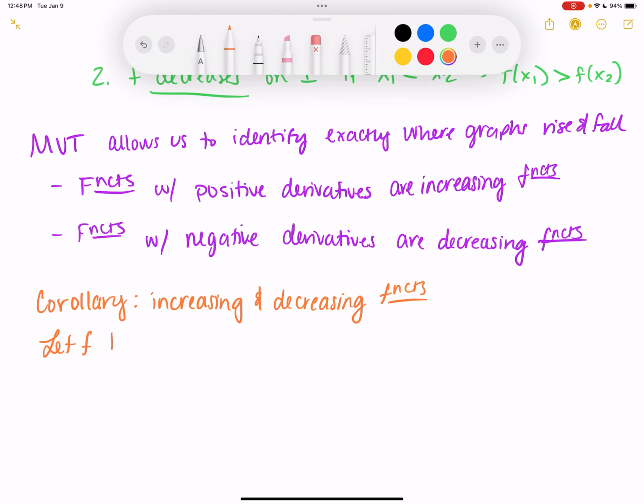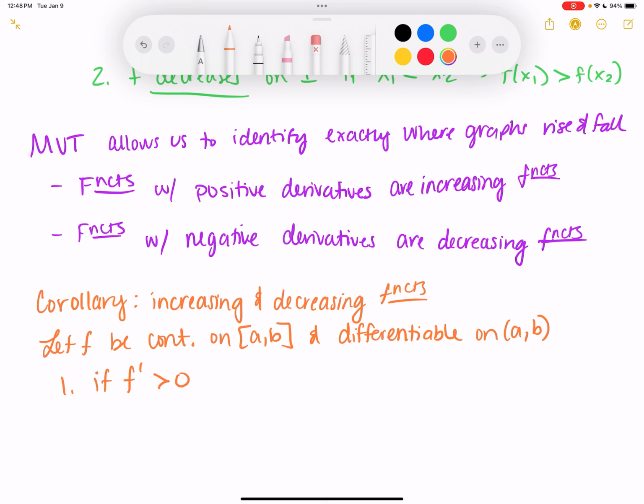Let f be continuous on the closed interval a to b and differentiable on the open interval a to b. 1, if f prime is greater than 0 at each point of a to b, then f increases on the closed interval a to b.